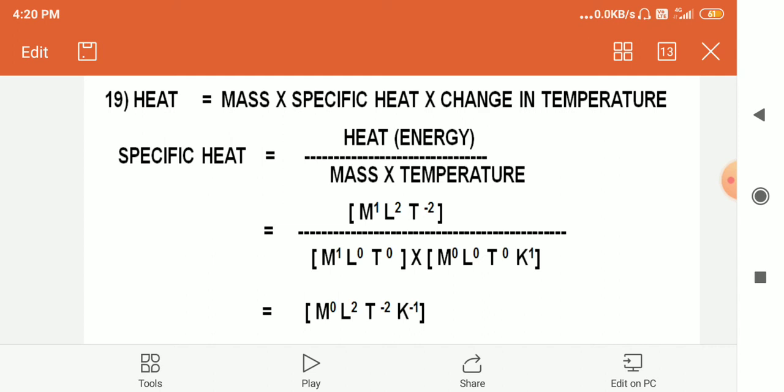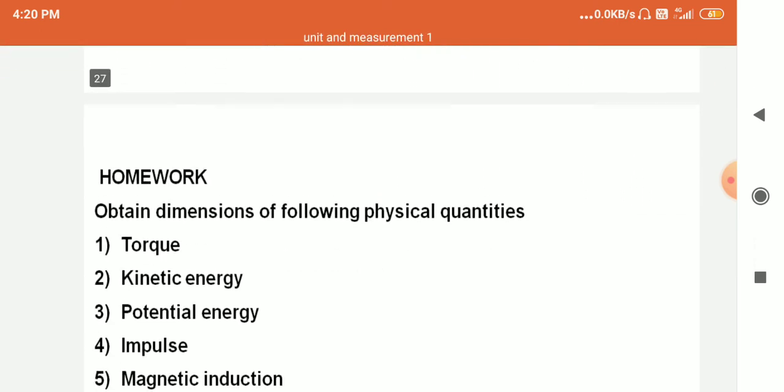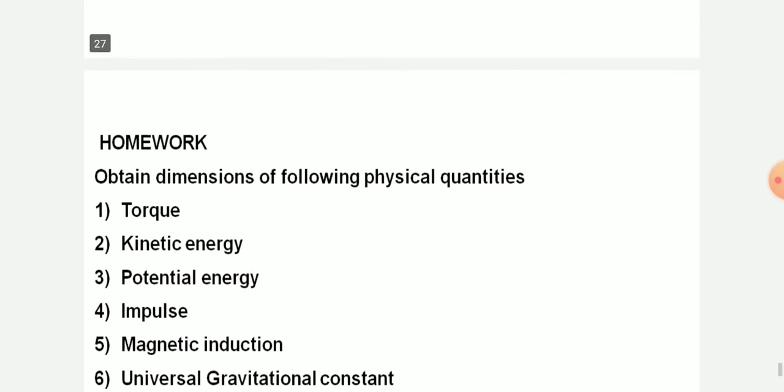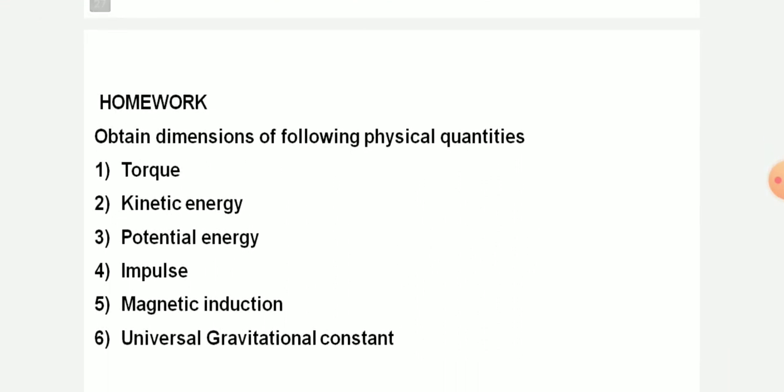This is the dimension for specific heat, right? Now, if you understood all this part, you can do the homework on how to obtain the dimensions. There are some more physical quantities whose dimensions you can solve at home or in the class.